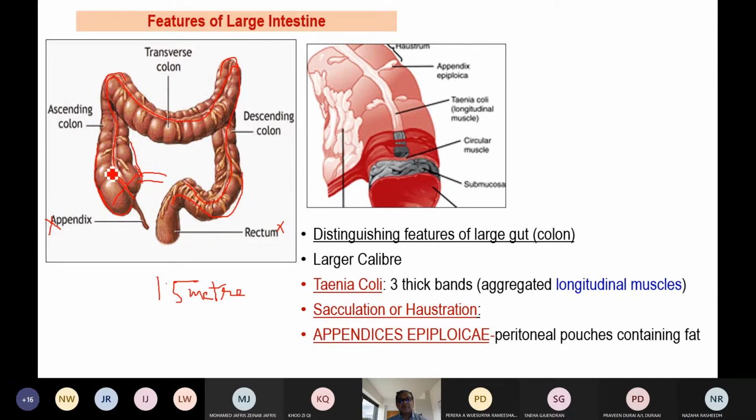So in between, these get dilated. These dilatations are called haustrations. And apart from that, we can also get some fat-filled sacs like this. These are called appendices epiploicae. So taenia coli, haustration, this dilatation, and appendices epiploicae, this fat-filled bag.